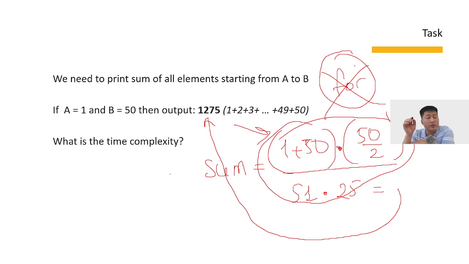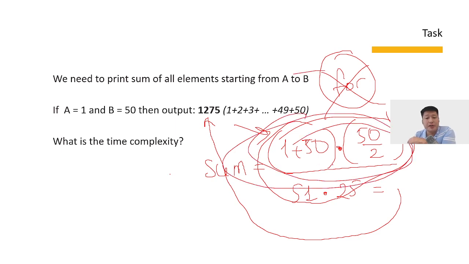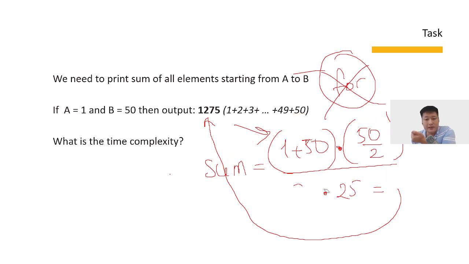It will take 1, add it to total, then take 2, add it to total, and so on, and it will do 50 operations. But if we know this formula, you will do it using only one operation. Is it clear?